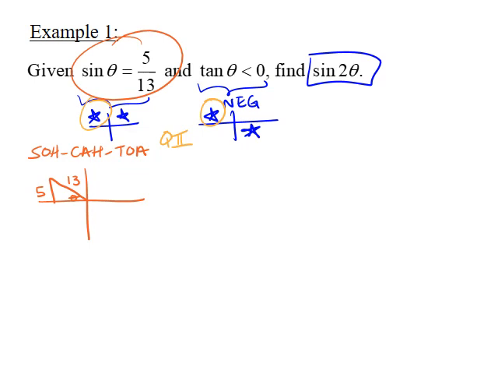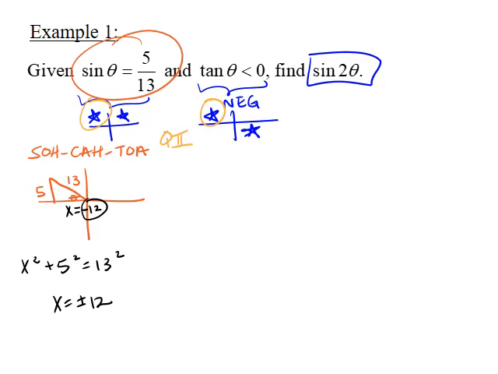You should be able to use the Pythagorean theorem to find the missing side. When you do, you'll find that x is positive or negative 12. In the second quadrant, cosine is negative, so this should be a negative 12. Be cautious of your sign there.